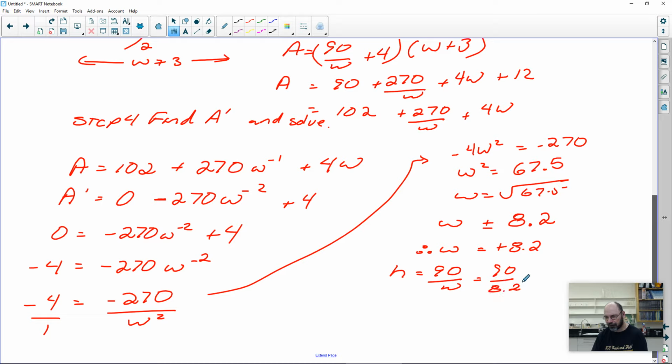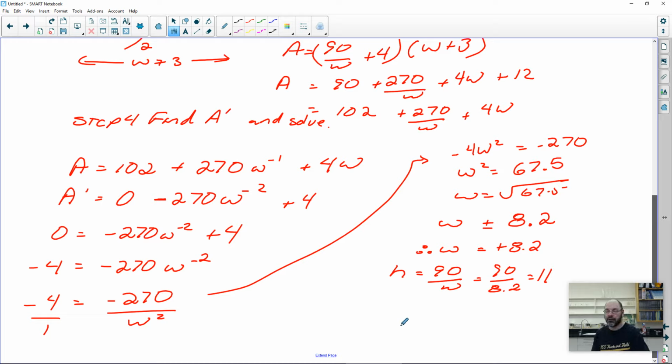Okay, it's rounded off a little bit. So when we do that, we're going to get the height of that page. 90 divided by 8.2 is 10.97 or 11. Okay, so if we take 11 times 8.2, we should get about 90, a little bit more because of rounding.